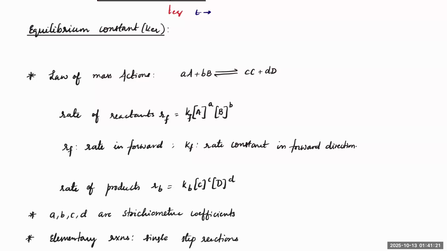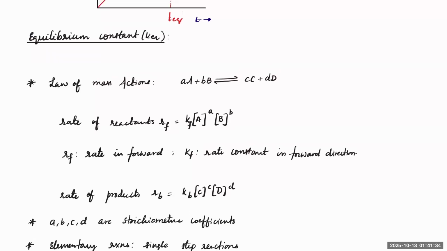Now, according to the law of mass action, we can say if any chemical reaction is given like this, aA plus bB giving cC plus dD, where small a, b, c, d are stoichiometric coefficients, and A, B, C, D are the chemicals.